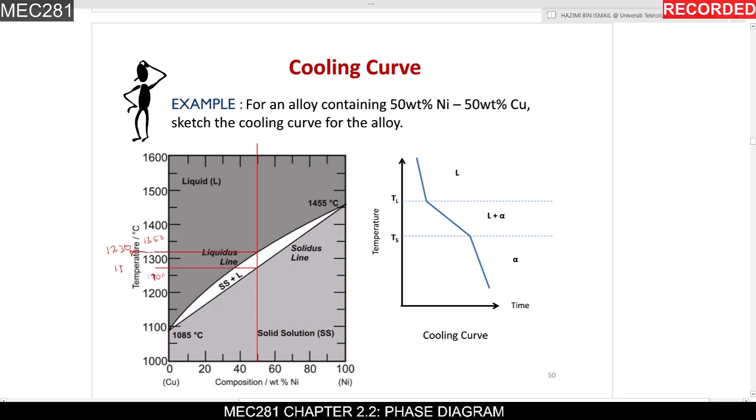Silap. Ni 1250. Ni lebih kurang 1270 mungkin. So jadi sini boleh tulis lah 1330. This one is 1270. Macam tu lah. Dah dapat kan cooling curve.